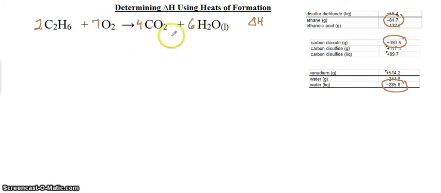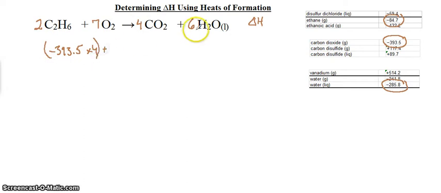And so now what I'm going to do is I'm going to take the heats of formation of my products and figure those out. So what I do is I say, all right, listen, this is CO2. So I come over here, and what is the heat of formation for carbon dioxide? It is negative 393.5. How many CO2s do I have? I have 4 of them.